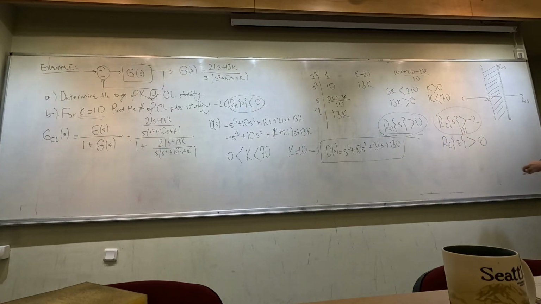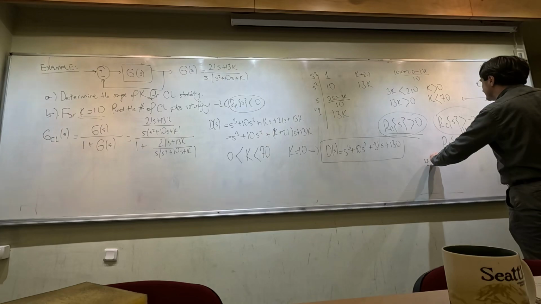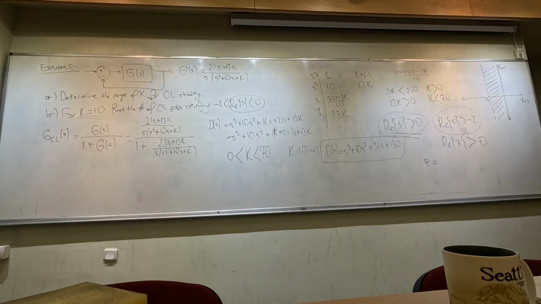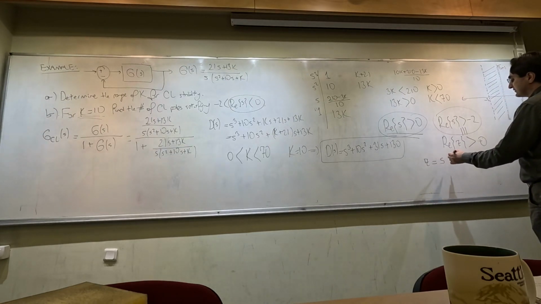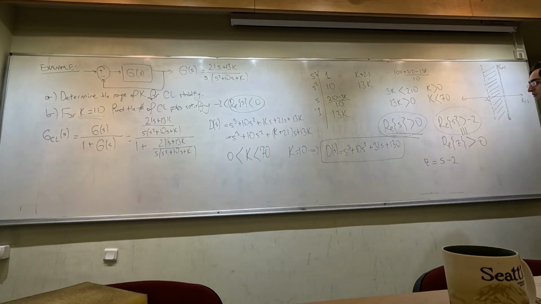So let us try to define our z here. This is going to be a linear function, and let's say it is s minus 2. Is this correct? If I use this definition, do you think this would be correct?